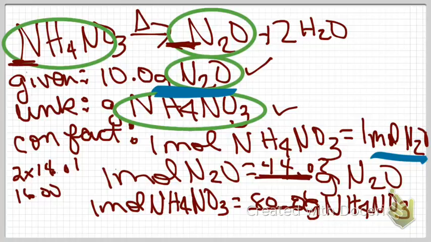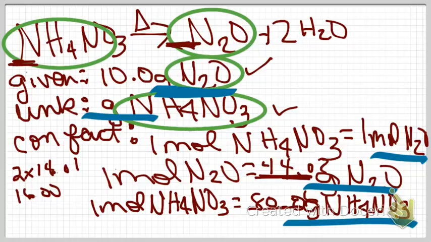And now you're ready, because now we have a conversion factor right here that says what we're looking for in our given, grams of N2O. Now we have a conversion factor that says grams of NH4NO3. So now we are ready to solve. We're going to solve by starting with our given.